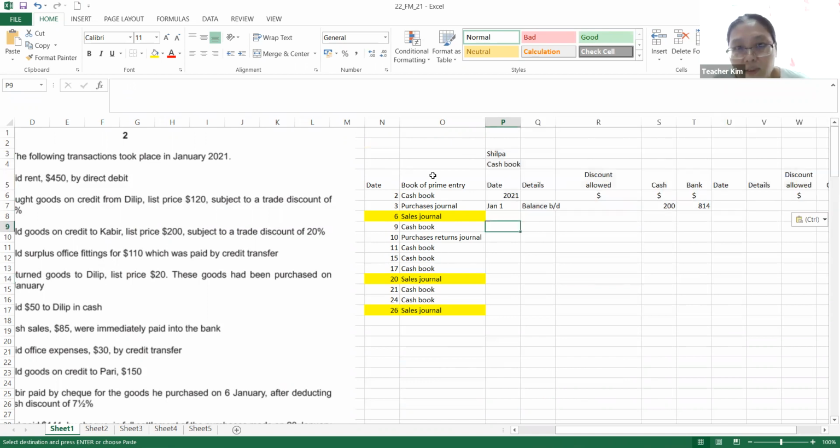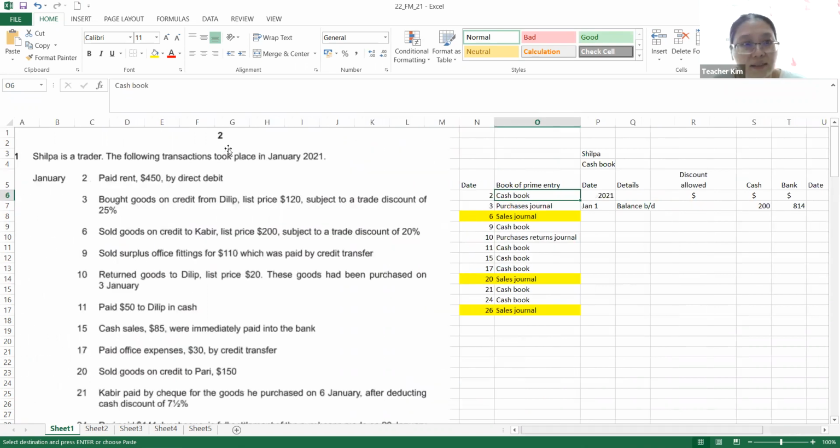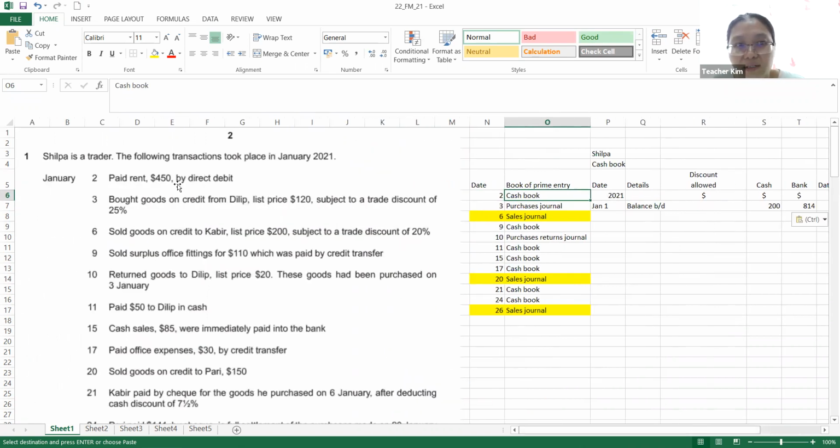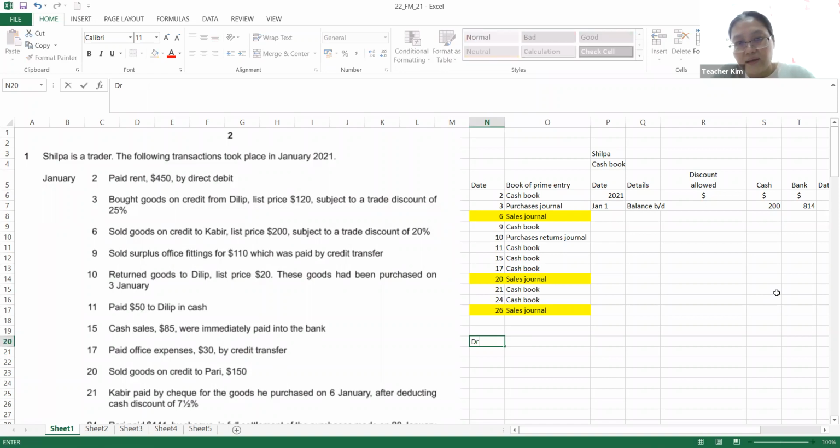Okay, now because we already categorize all the transactions, this second is a cash book. So what are the transactions? Pay rent 450 by direct debit. Direct debit, what is a direct debit?